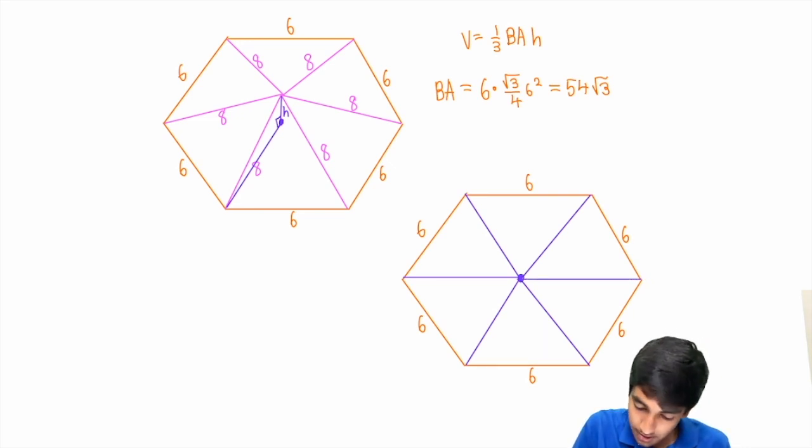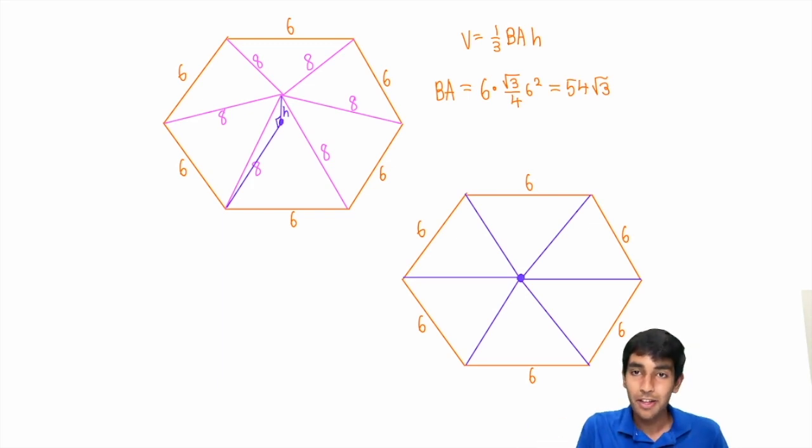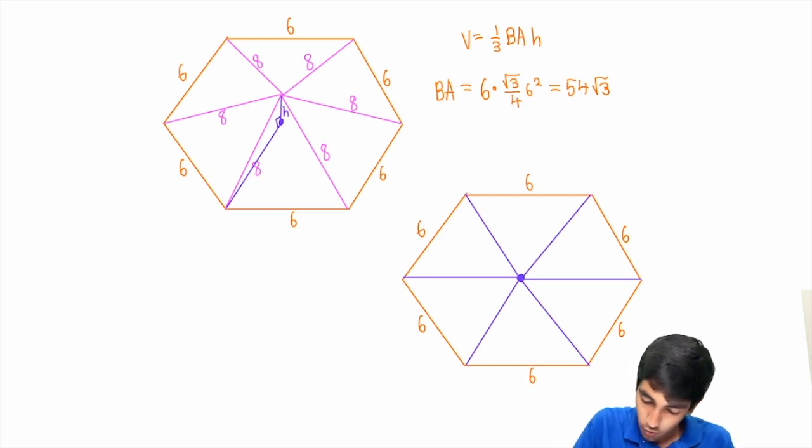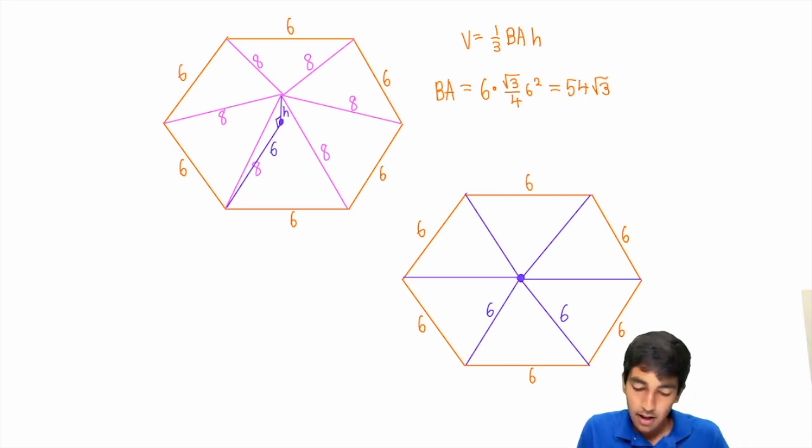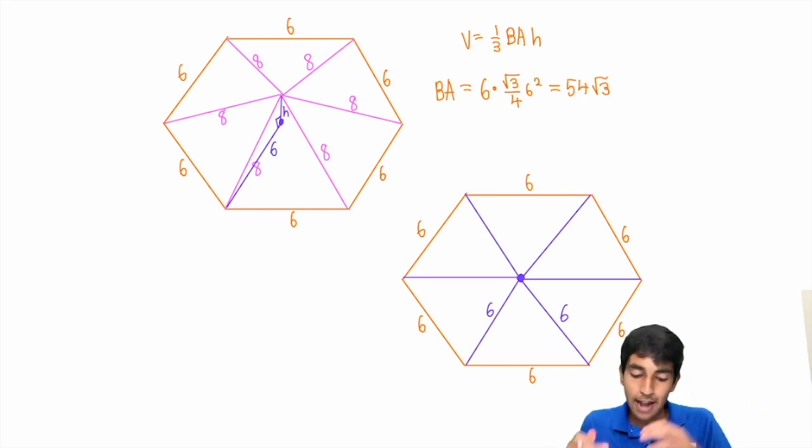Because this is the center of the hexagon, it's the point from which we can form 6 equilateral triangles. So from the center, we have an equilateral triangle here, and that gives us that these two segments are both 6. Aha! This purple length over here is 6, h is shown, and 8.